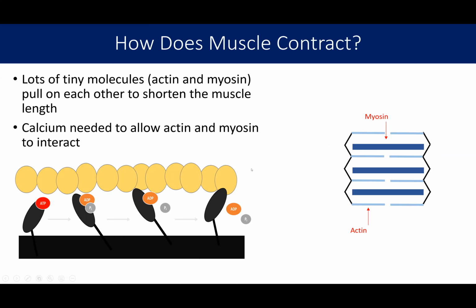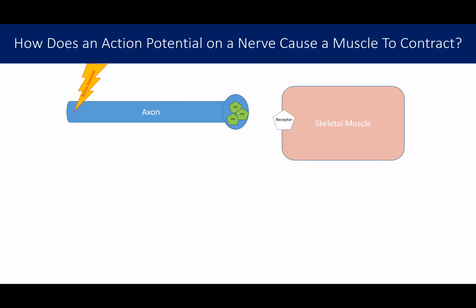So let's take it a step further. How does an action potential coming from a nerve actually cause a muscle contraction? In what might be the second best animation of the year, which you should remember from the other day, an action potential travels down the axon. When it hits the end of the axon, it causes a release of acetylcholine that goes across the neuromuscular junction and binds onto a receptor, which allows a little bit of sodium to come in.